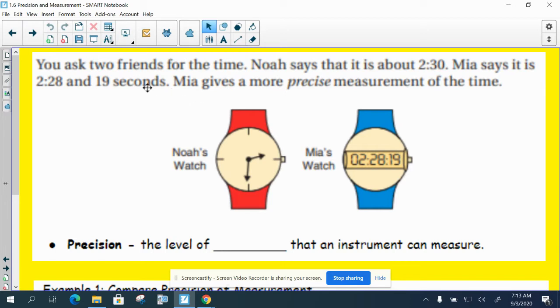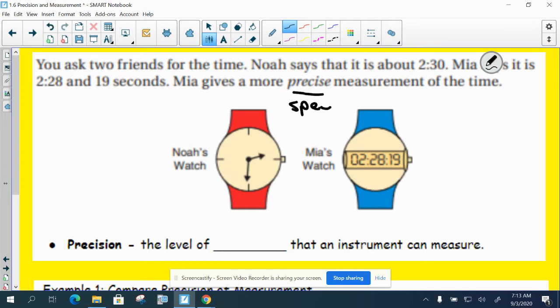So here's an example. You ask two friends for the time. Noah says that it is about 2:30. Mia says that it is about 2:28 and 19 seconds. Give the more precise measurement of the time. As you might be able to see from this example, precision is kind of how specific you are. So it might be another term for specific.